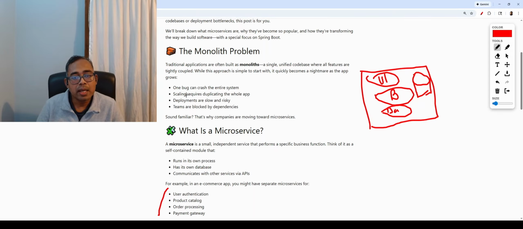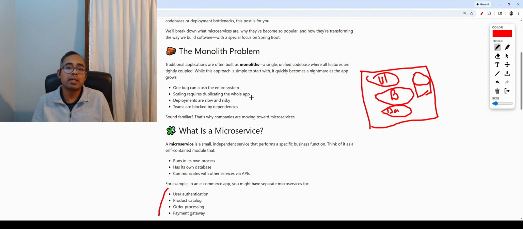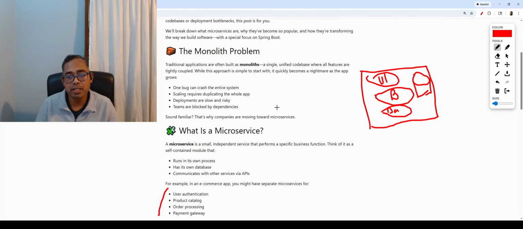Next, scaling requires duplicating the whole app. If you want to scale the application, you have to do vertical scaling. What is vertical scaling? Vertical scaling means you increase the CPUs and the RAM on the machine it is running on.